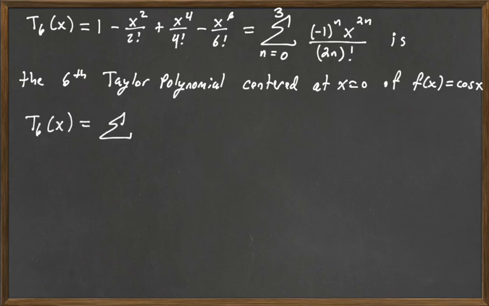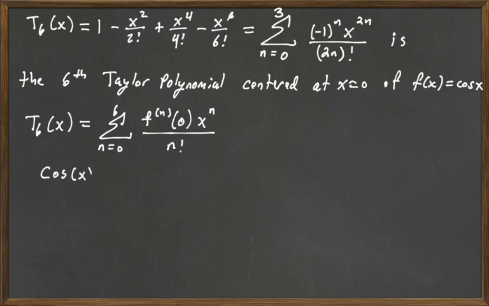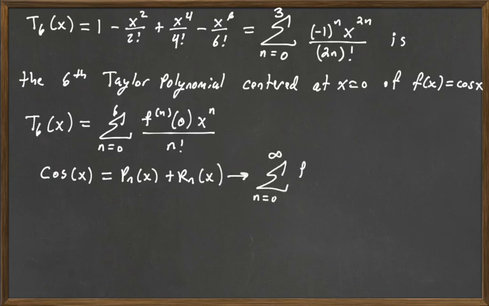So we can also write it like this: sum n equals 0 to 6 of the nth derivative evaluated at 0, x to the n over n factorial. Okay, so cosine of x is equal to the nth degree Taylor polynomial plus the remainder portion, and that's going to go to the sum n equals 0 to infinity of the nth derivative evaluated at 0, x to the n over n factorial.